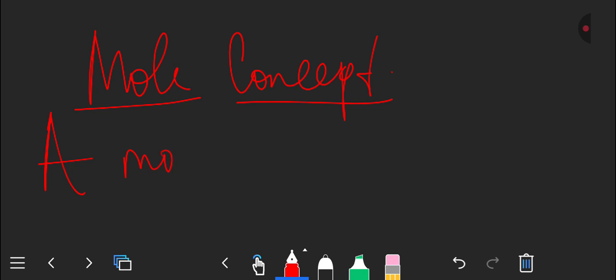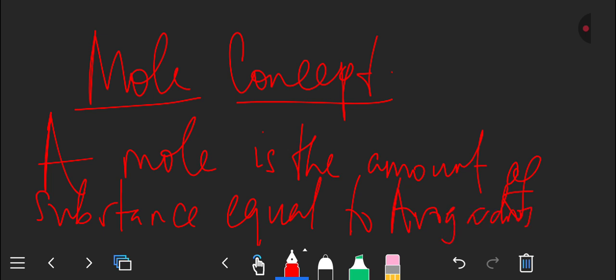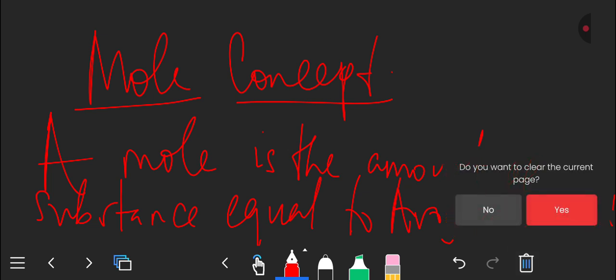So we are saying a mole is the amount of substance equal to Avogadro's constant. So that is what a mole is all about.